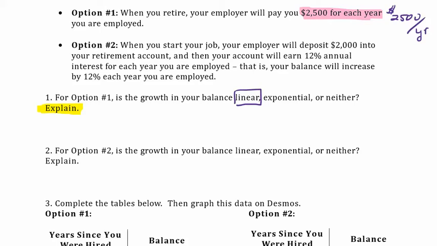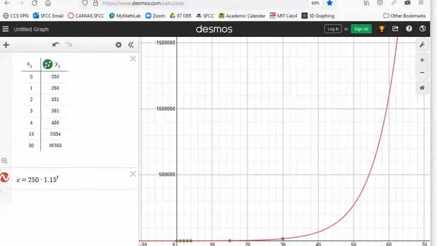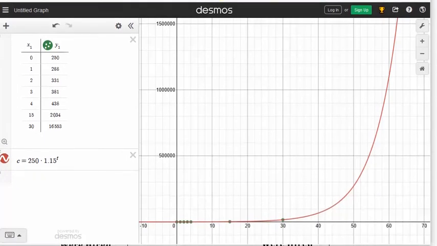All right, so for option 2, what we see is we've got a percent increase, increasing by the same percent each year. And when we have that, we have exponential growth. And we saw that on our last activity when we did this problem right here. Right, this exponential growth right here.